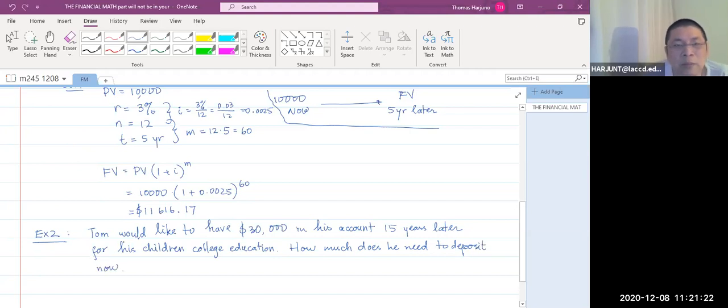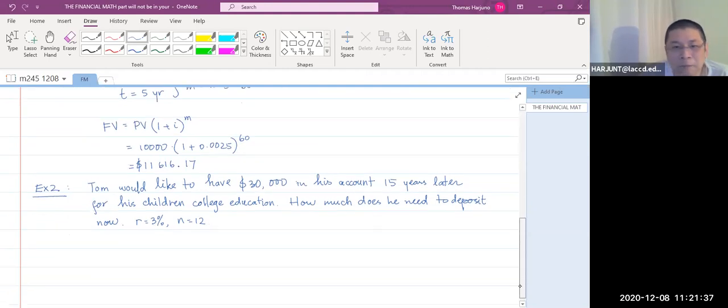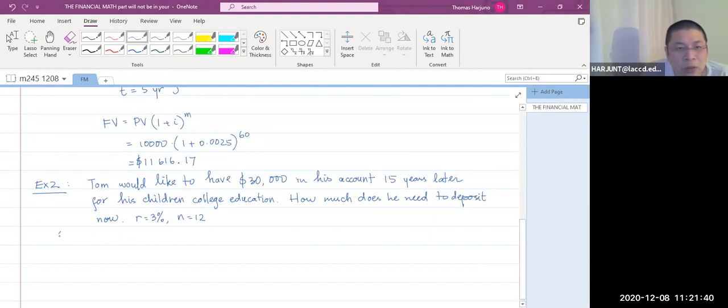Let's use the same assumption that the interest rate is 3% and it's compounded monthly. That's actually very common, monthly compounding in a bank. Now then, solution.